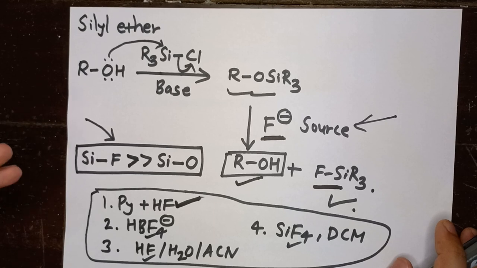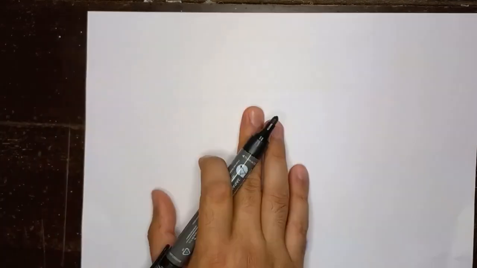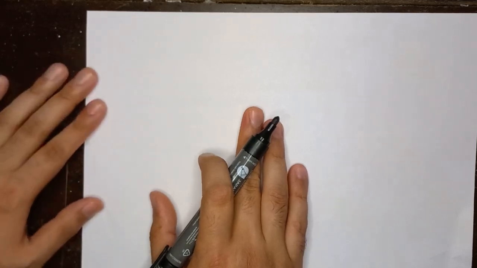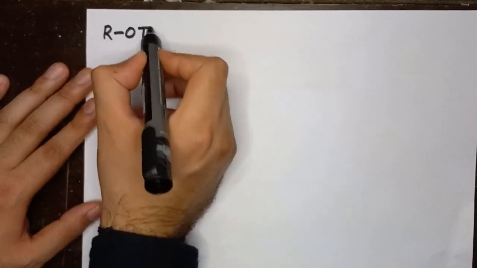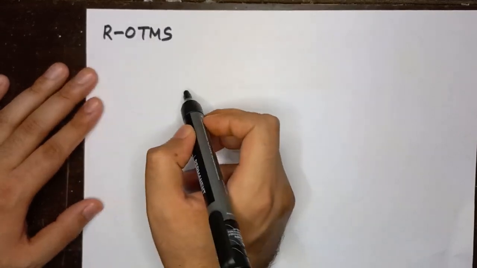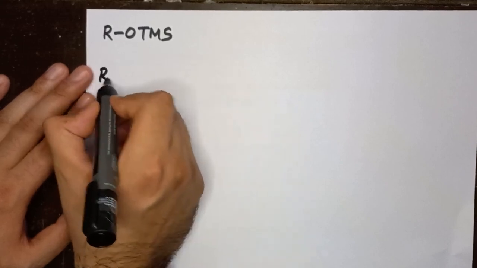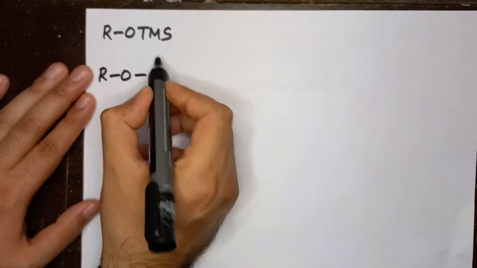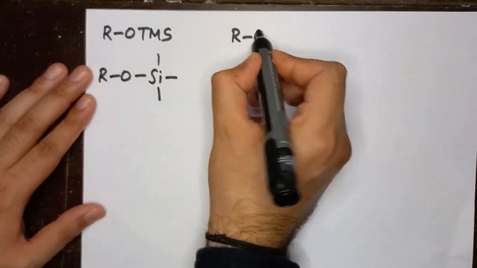Now let's talk about the different types of silyl ether protection we have. We have many silyl ether protecting groups, but the widely used ones are RO-TMS. TMS stands for trimethyl silyl group, so we have a trimethyl group. Then we have ROTES.